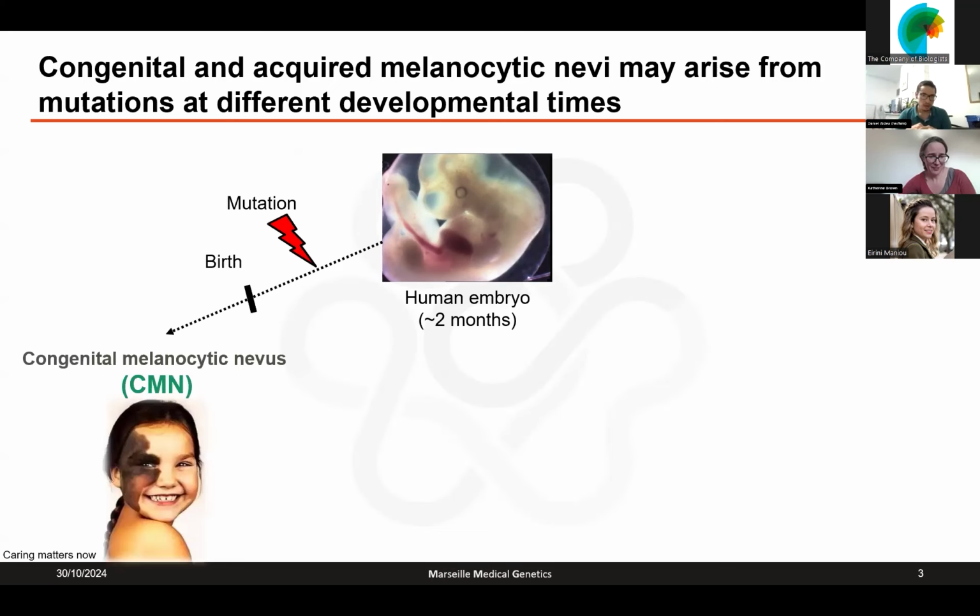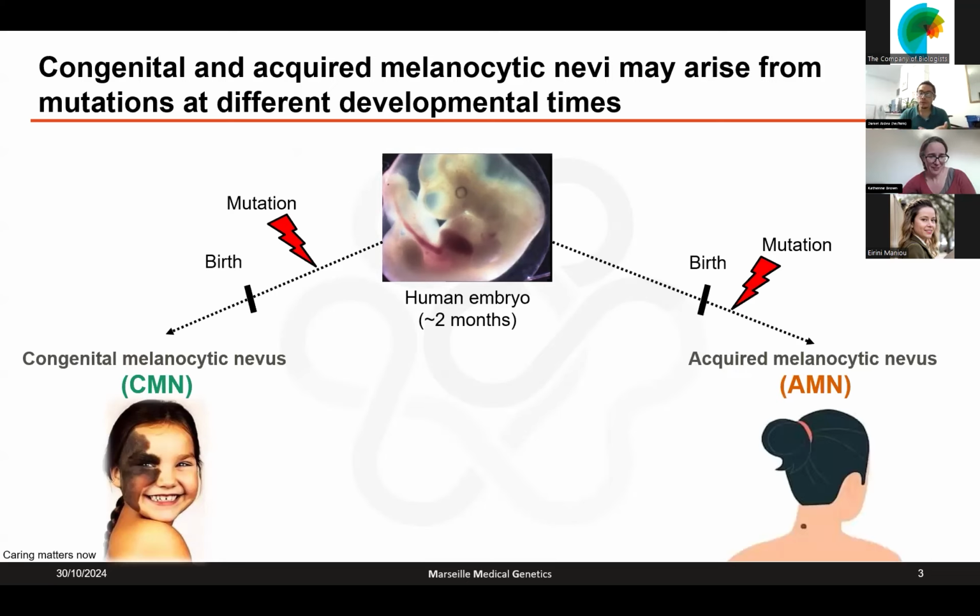In very simple terms, if this mutation occurs during gestation, it will manifest at birth as a skin disorder called congenital melanocytic nevus, which is characterized by large areas of pigmented skin. And it is commonly thought, on the contrary, that if this mutation occurs at birth or later on in life, it will manifest as what we know as acquired melanocytic nevus, commonly known as moles, which are of small size.